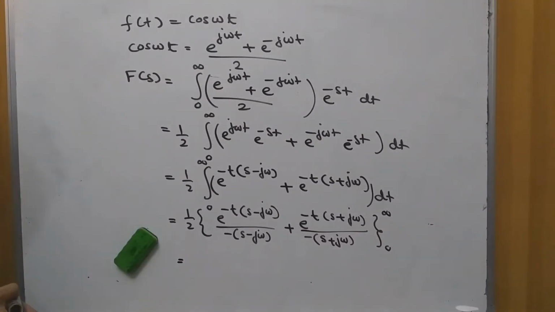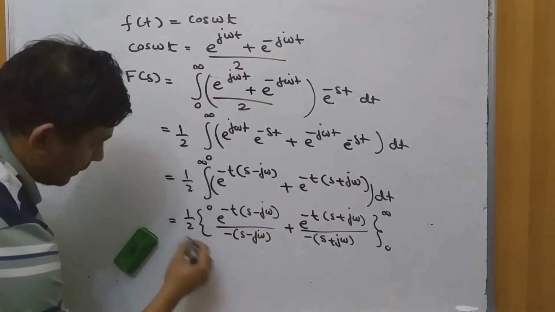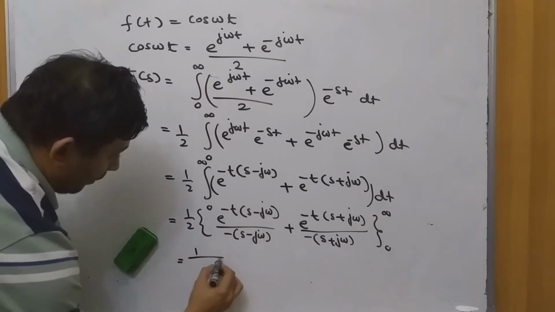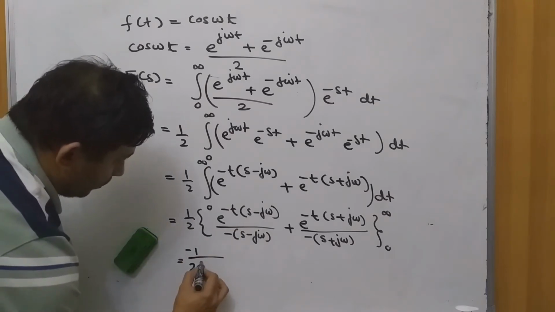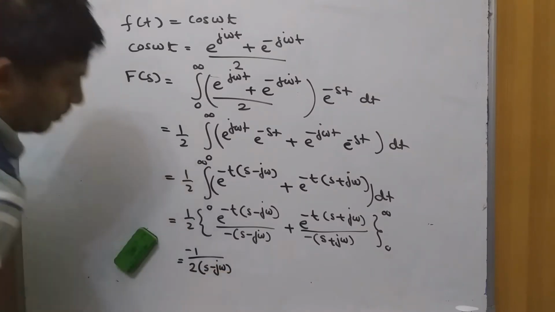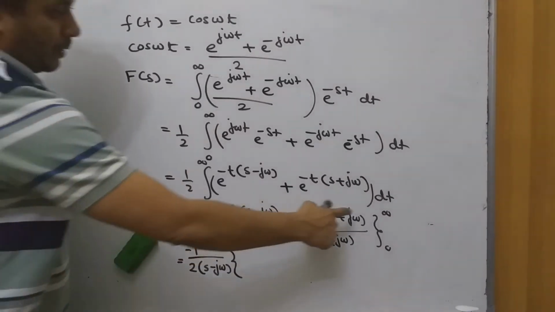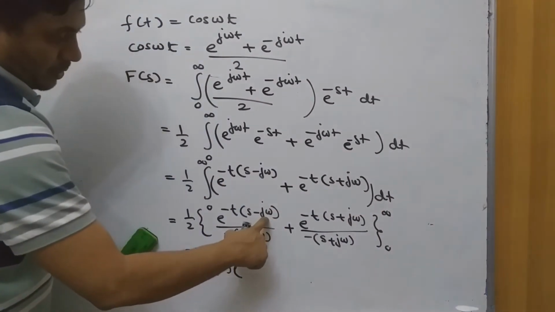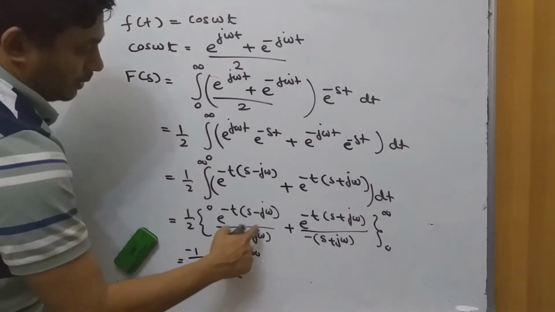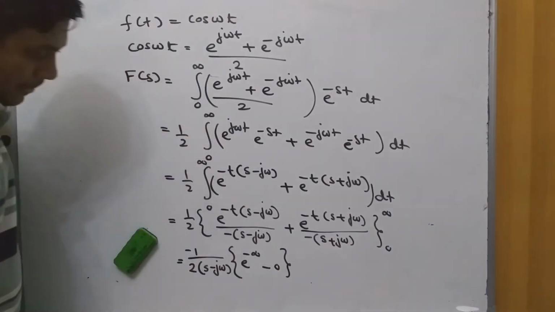Now, before applying the limit, taking the bracket, we find minus 1 by 2 times (s minus j omega) for the first term. Then we apply the upper limit, where the whole thing is raised to minus infinity, and the lower limit, which is 0. This is the first part.